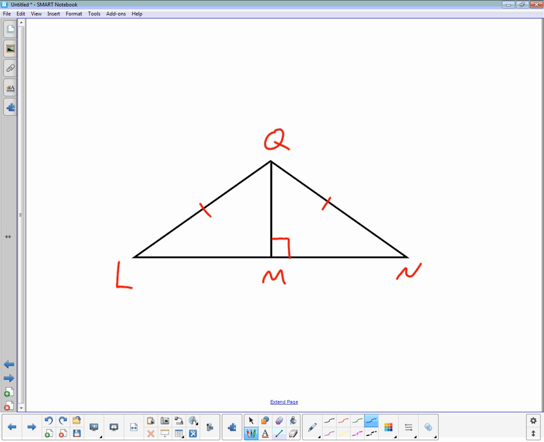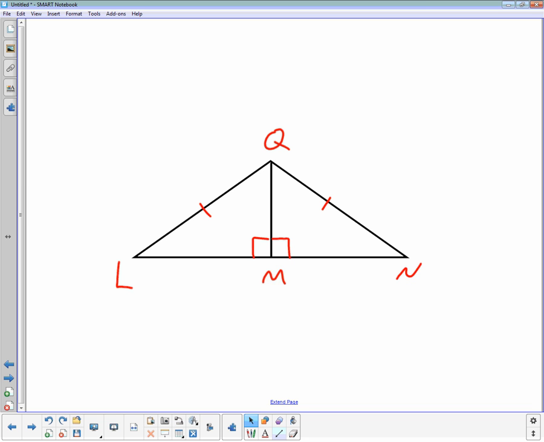What about this one? The other side, the LMQ, that's a right angle also, isn't it? So I was able to add that tick mark, even though it wasn't in the original problem, because we know something about right angles.